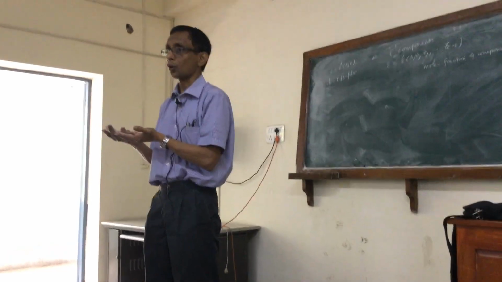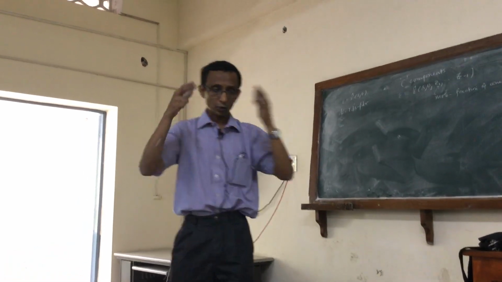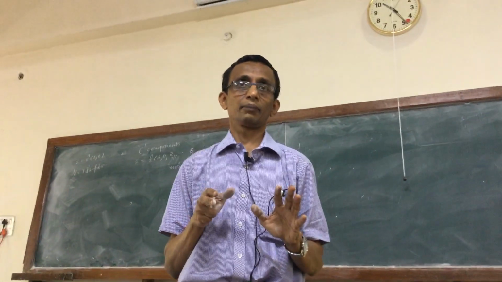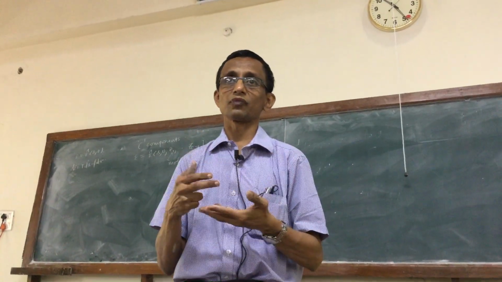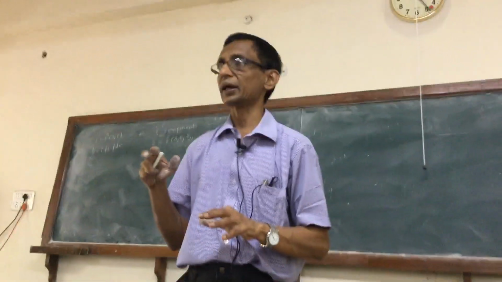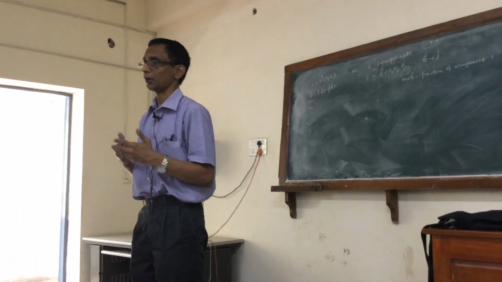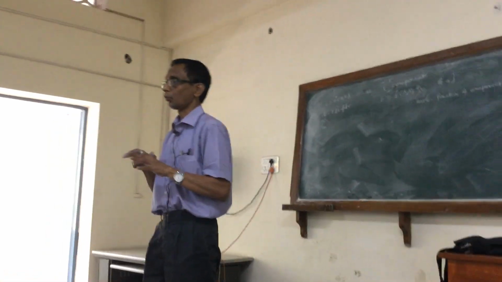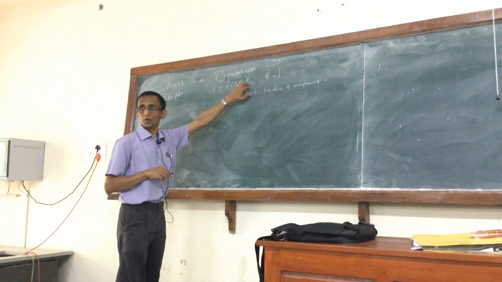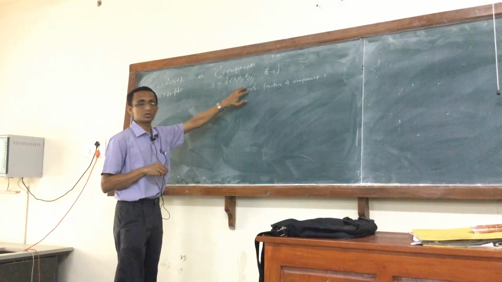So we can talk about local mole fraction because the homogeneous state mole fraction is defined as n1 by n, right? Where n1 is the number of moles of the component and n is the total number of moles. For non-homogeneous states, it's a locally defined variable. There is no question of capital N1 by n, but it's a local mole fraction. So we can talk about local mole fraction also, but we soon specialize to homogeneous states.